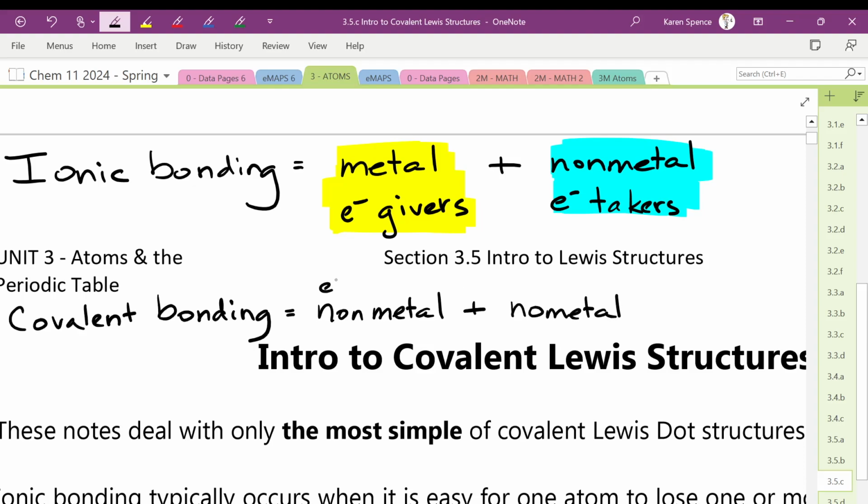So you have an electron taker plus another electron taker. Oh my gosh. You become a giver. No, they don't become givers. They're both electron takers. So actually, I need someone to be a volunteer to come on up here.